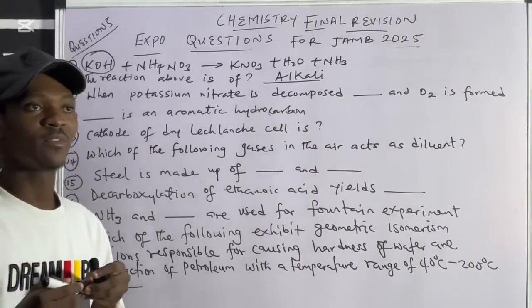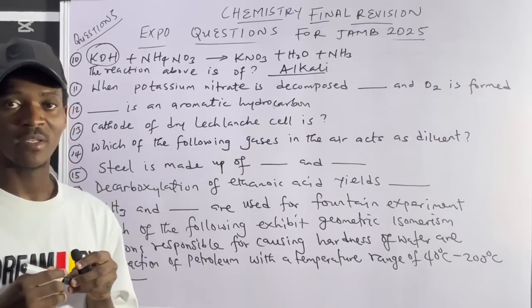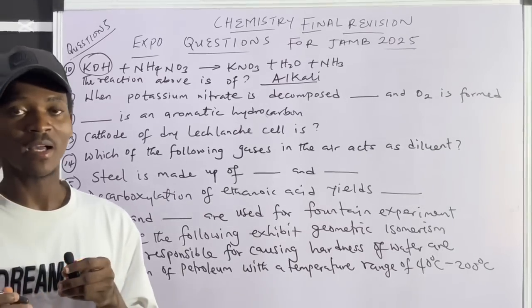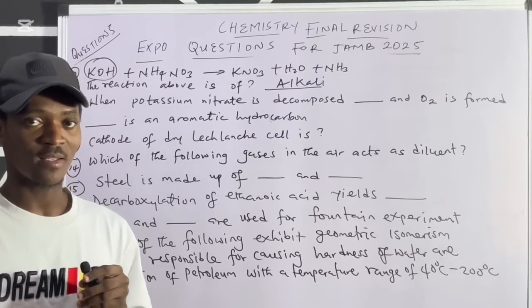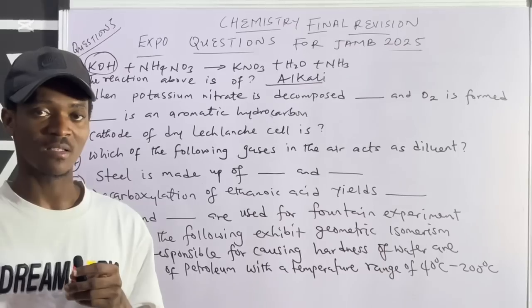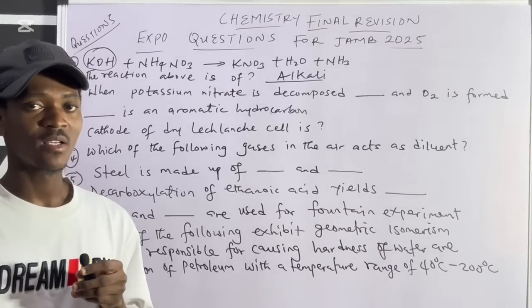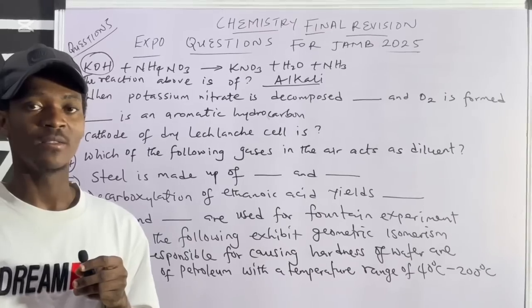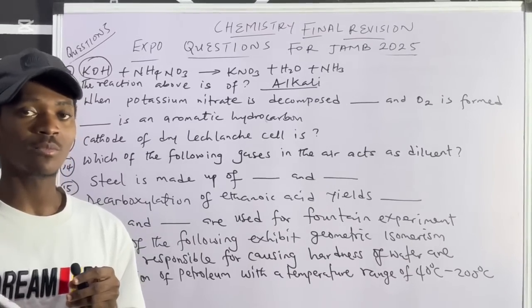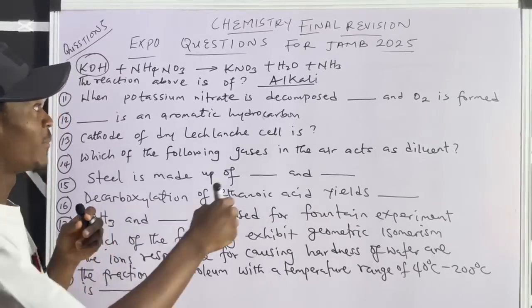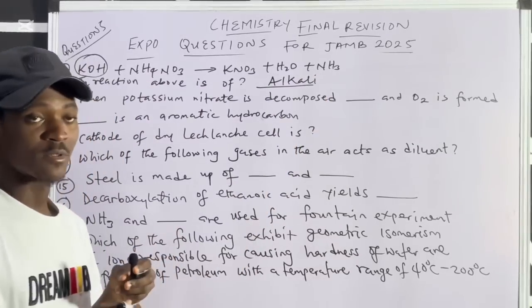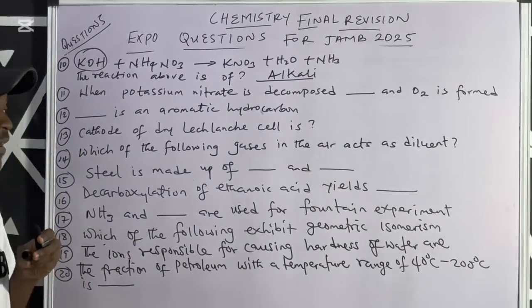This is actually one of the chemical reactions of bases. You know that all alkalis are bases, but not all bases are alkalis. And what are the two main classical examples of alkalis? KOH and NaOH. So generally, when bases react with ammonium salts, they liberate ammonia gas, which is NH3. So that reaction is a reaction of an alkali.